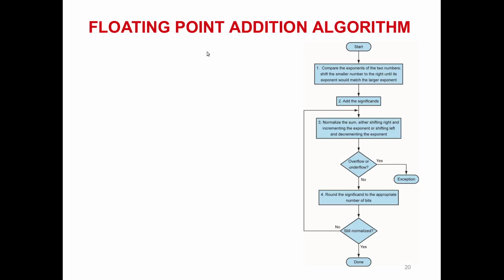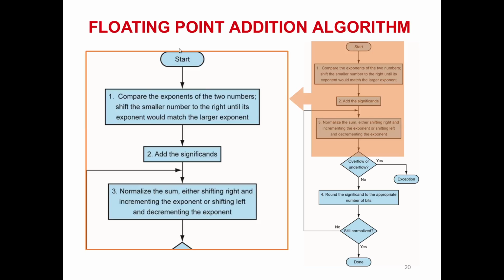Here is the algorithm for the addition of floating points. We need to compare the exponents of the two numbers, or the two operands. We will shift the smaller number to the right until its exponent matches the larger exponent, the same way we did before.